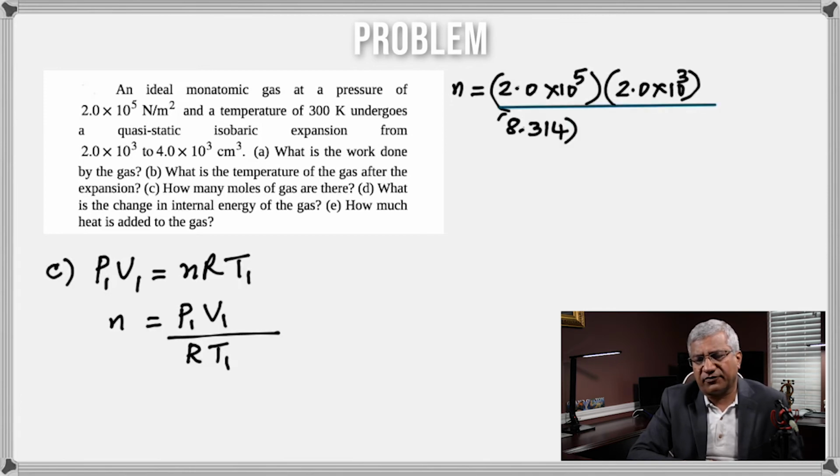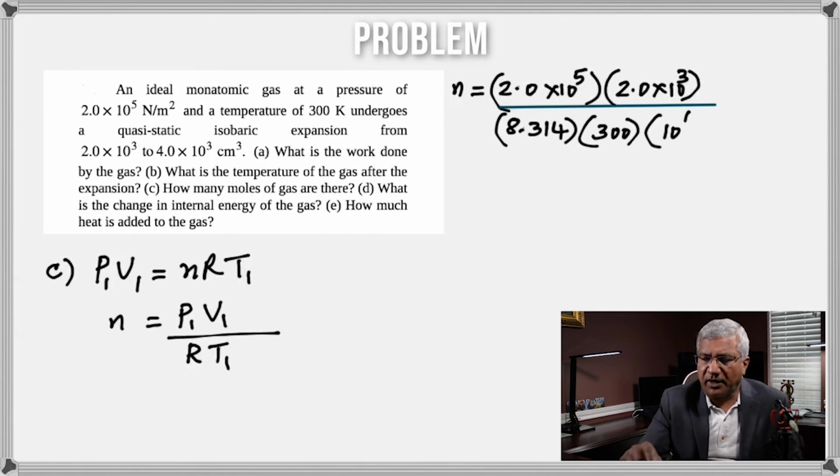Now we got to be careful. We need to have the volume in proper units. So I'm putting the 10 to the power 6 there, in order to change this into meter cube. So the rest is simple. Pressure, volume, R, and temperature. When you do the calculations, you get 0.16 moles. So there are 0.16 moles.